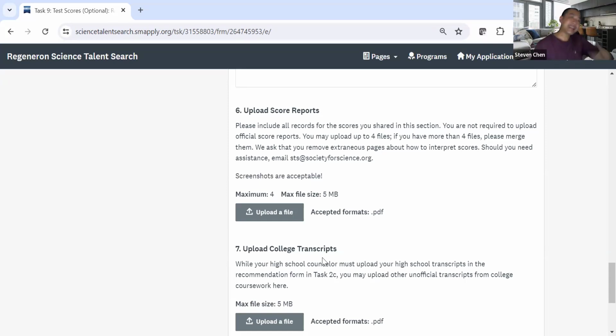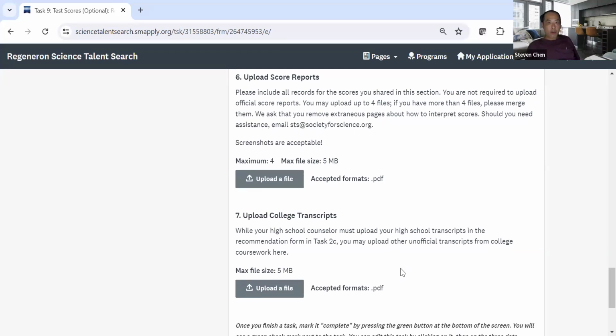Beyond that, STS wants to see something more. What is a score report? For instance, if I self-report my SAT score is 1600, they need to verify this. You cannot lie, right? Send me your score from College Board. Is it clear? You self-report scores, send me the official ones.